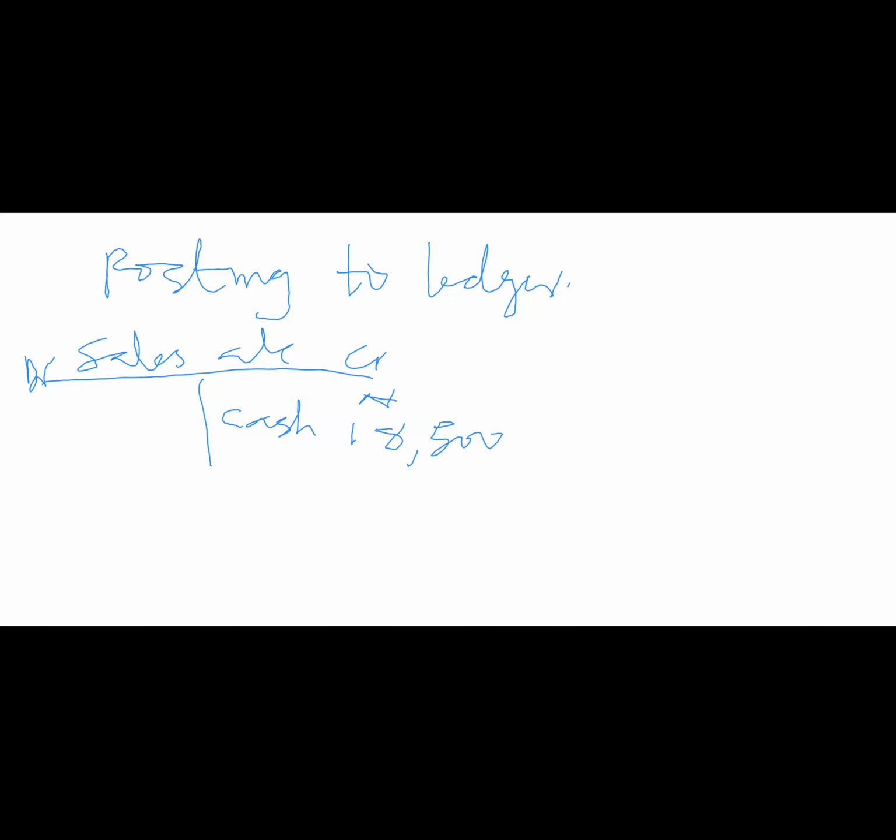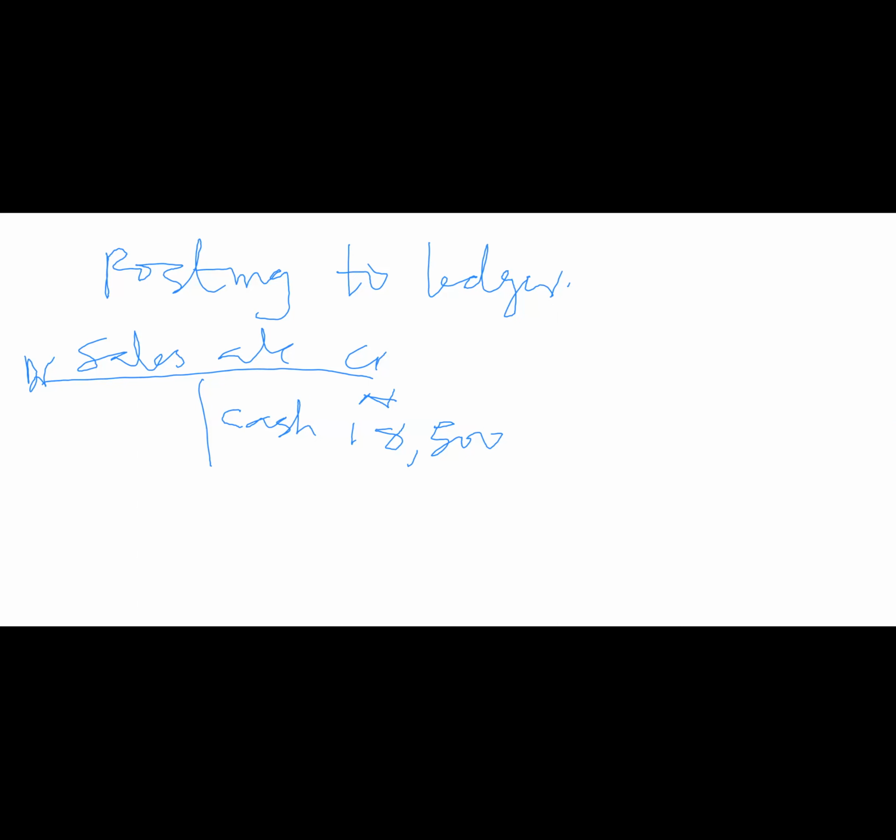So you record the transaction firstly, and there are some cases, I told you, there are two different ways. They can ask you to prepare ledger, then after preparing ledger, prepare trial balance. And there are some cases whereby if they give you a cash book question, if the question comes in the form of a cash book, you have to solve for the cash book first. You prepare the cash book. After preparing the cash book, you prepare your ledger.